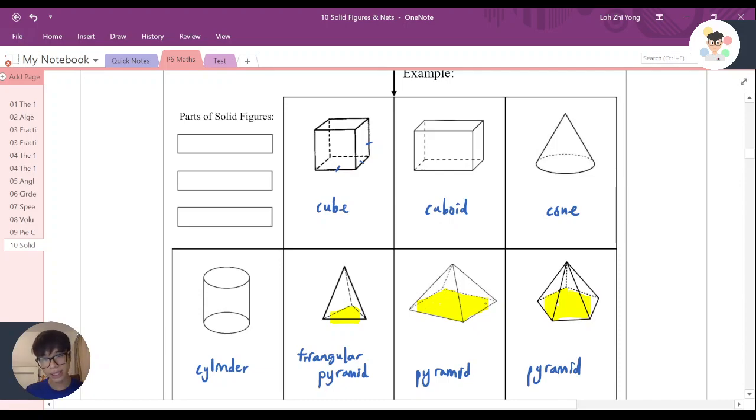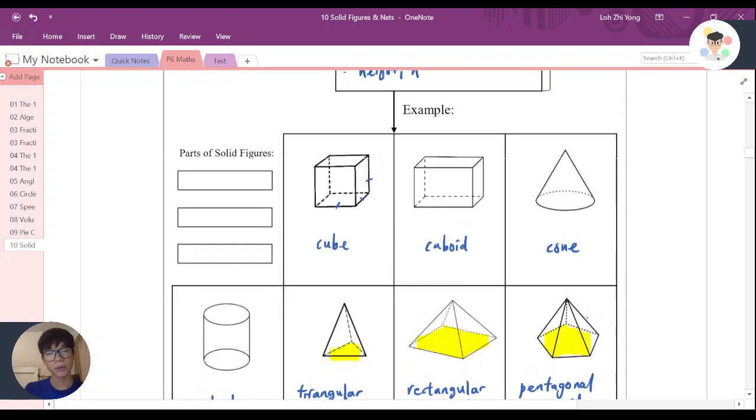With a rectangle shape, we call this a rectangular pyramid. And this is a five-sided shape, called a pentagon. So we have a pentagonal pyramid.